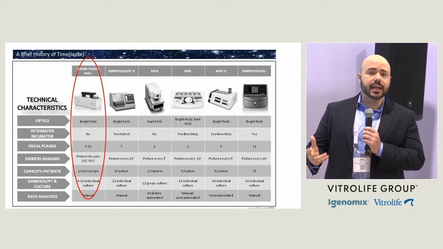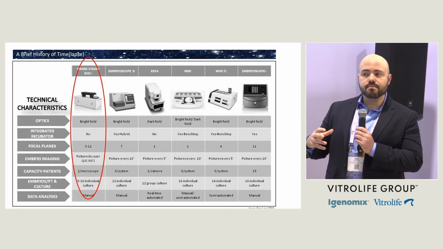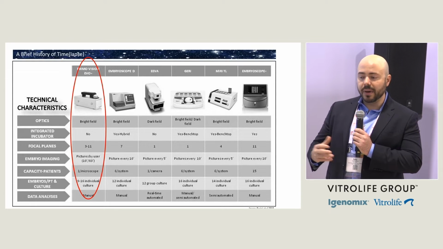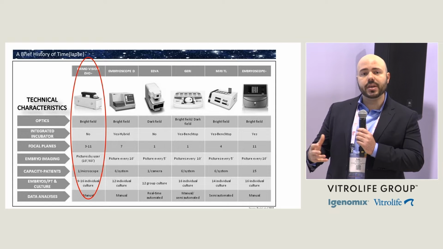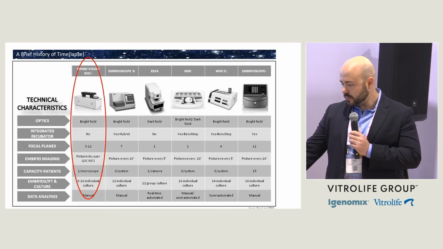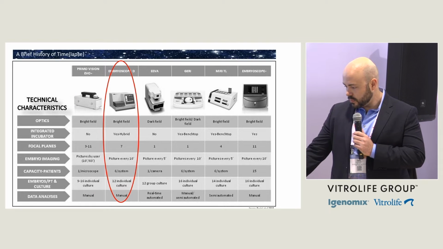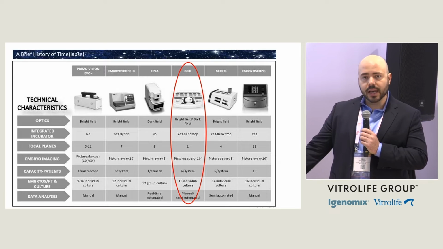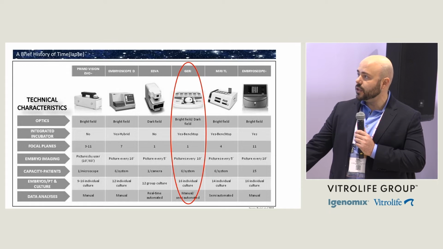How can you use that data to help you assess your outcomes in your clinic or in the future? So we might say that the time-lapse system might be a bridge to artificial intelligence. This just describes all the types of incubators that I was listing to you.